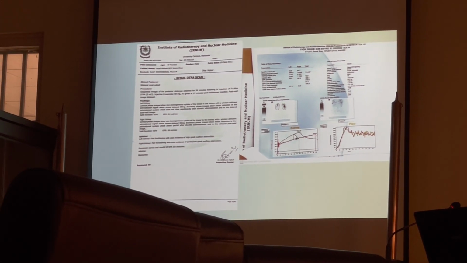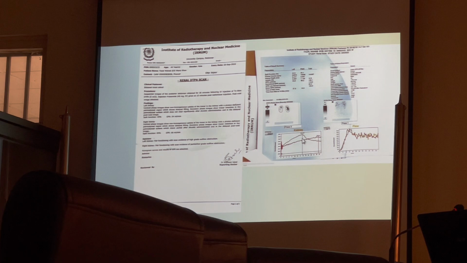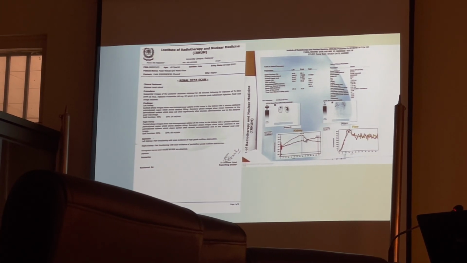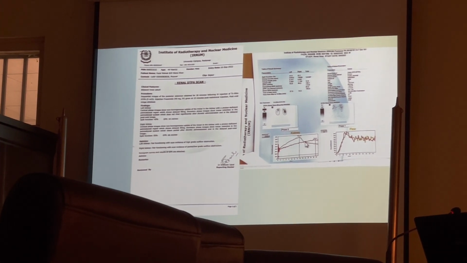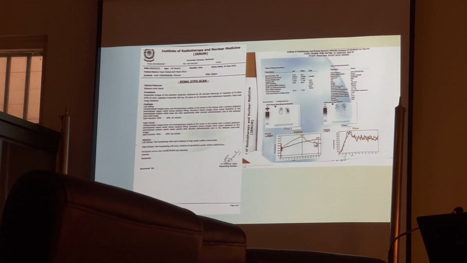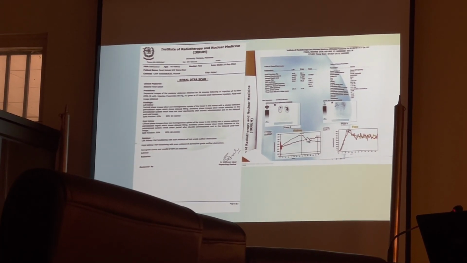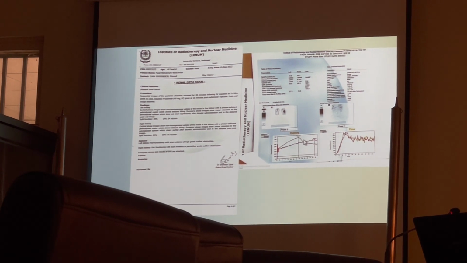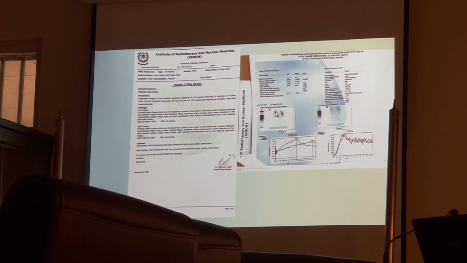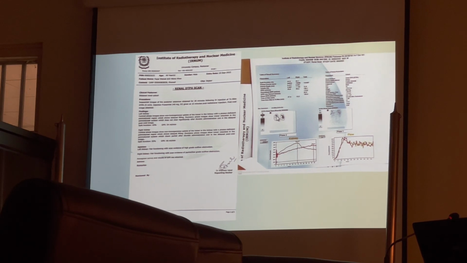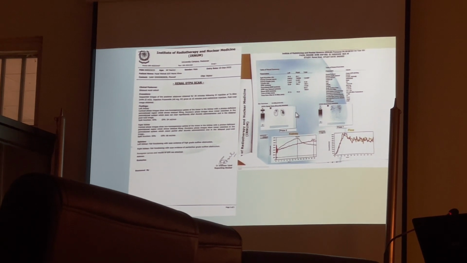The curve is going up, and after the administration of the diuretic here, it is slightly coming down, but not normally. So it is a partial outflow obstruction. Here are the renal areas, the left and right areas of interest. This one.